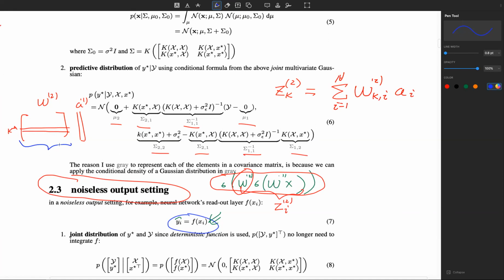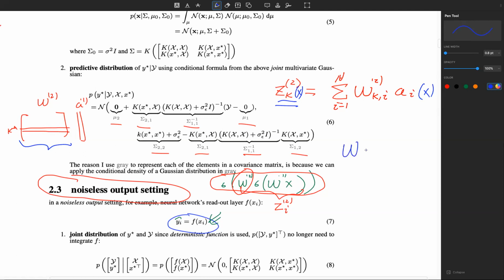So that's not surprising. So can this be Gaussian? And I should have some kind of X in here, right? That's the input. So can this be distributed according to a Gaussian distribution? Well, I haven't given you enough information.